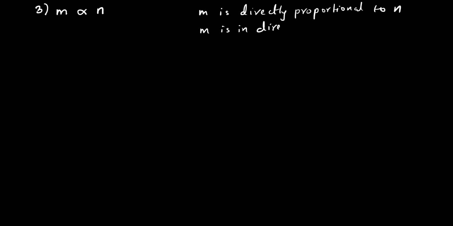This reads as M is directly proportional to N, or M is in direct variation with N. Okay, this is how you'll read it.